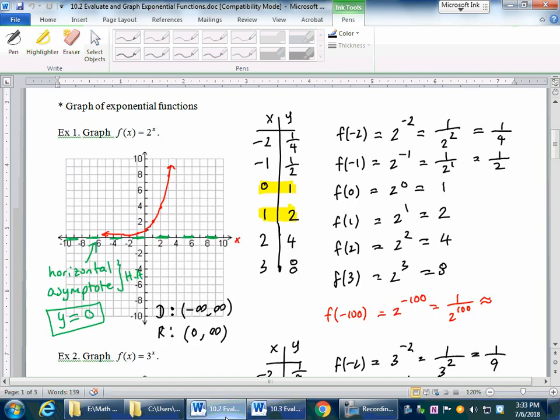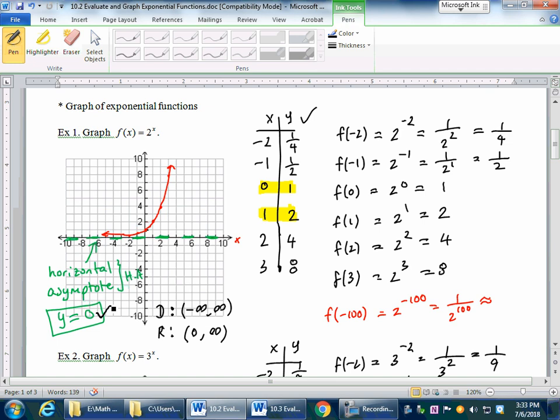So in exponential functions, let's say f of x equals 2 to the x power. We basically plot the points to get the shape of the graph from here, right? And notice that we have the horizontal asymptote in an exponential.